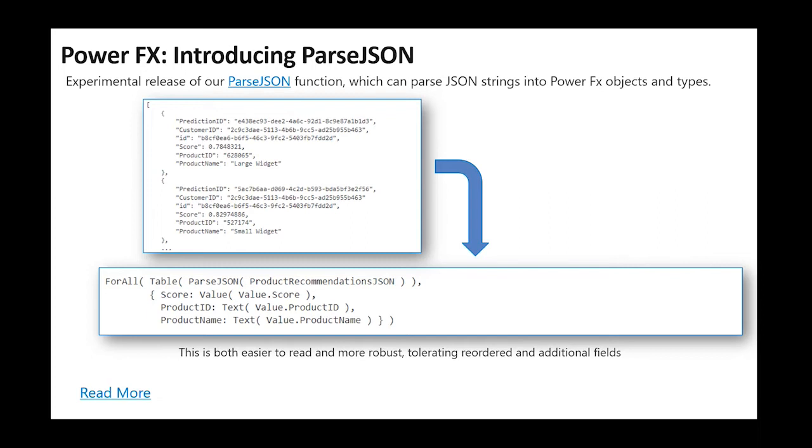To use the functionality, you need to opt in to this feature in settings. Under settings, there's upcoming features and then an experimental section, and you need to opt into that to be able to get this functionality available. With this, you can parse JSON strings in Power Fx into Power Fx objects and types. But you need to turn that on first in the experimental settings to be able to use it.